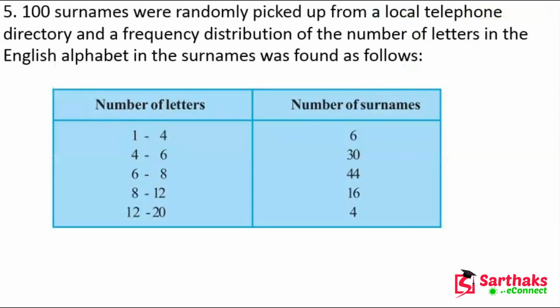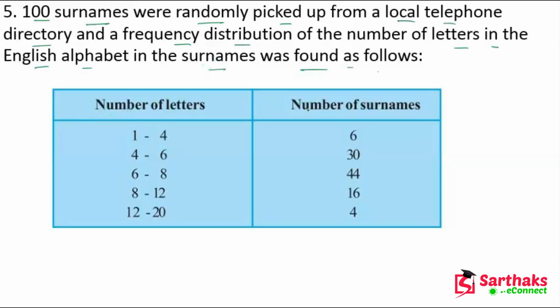So the next question here is, 100 surnames were randomly picked up from a local telephone directory, and a frequency distribution of the number of letters in the English alphabet in the surnames was found as follows.